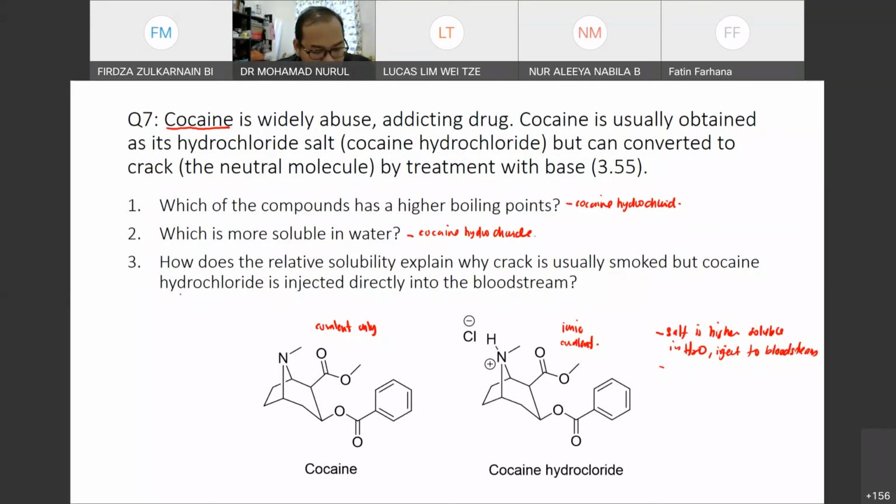So this one, crack, can dissolve in the organic tissues of the cell in this passage.